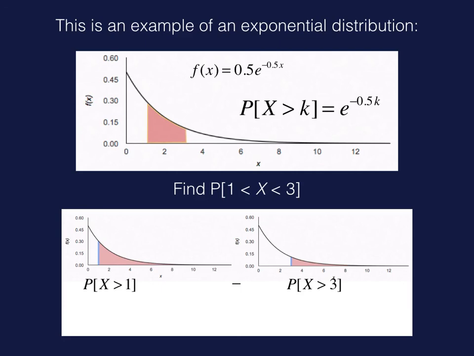And what's left over then is going to be the area between 1 and 3. And this is a common trick that we're going to use, especially with other distributions like the normal. So I have the area greater than 1 minus the area greater than 3, and the answer is 0.3834.